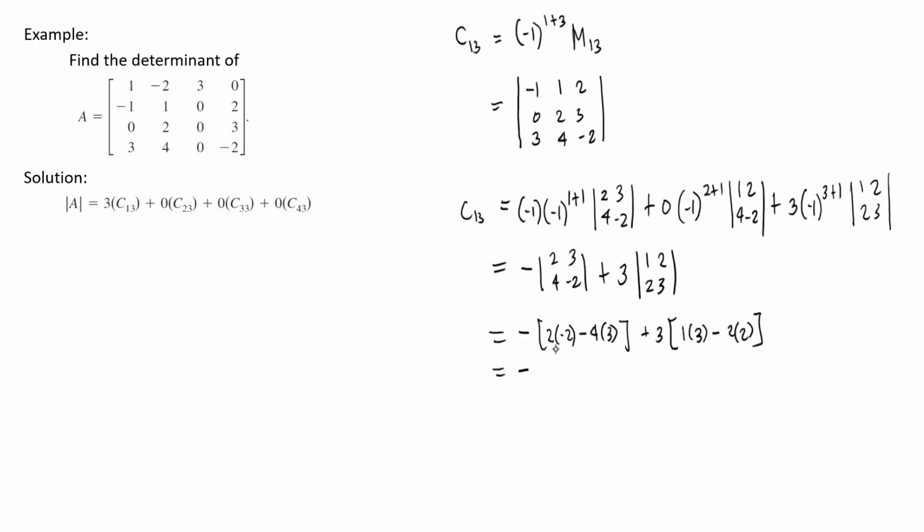We simplify, we have here, this is -4 minus 12, that's -16 plus 3 times, this is 3 minus 4, so that's -1, which is now equal to, this becomes +16 here, minus 3, so that is 13.